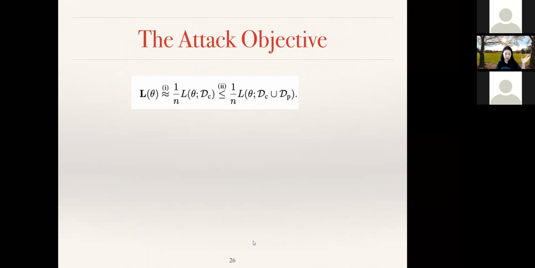So for any algorithm, I'm sorry, for any model theta, notice that now we've used theta to denote the model, not omega. For any theta, you have the equation here. First of all, the approximation here could potentially be invalid if you have overfitting, right?